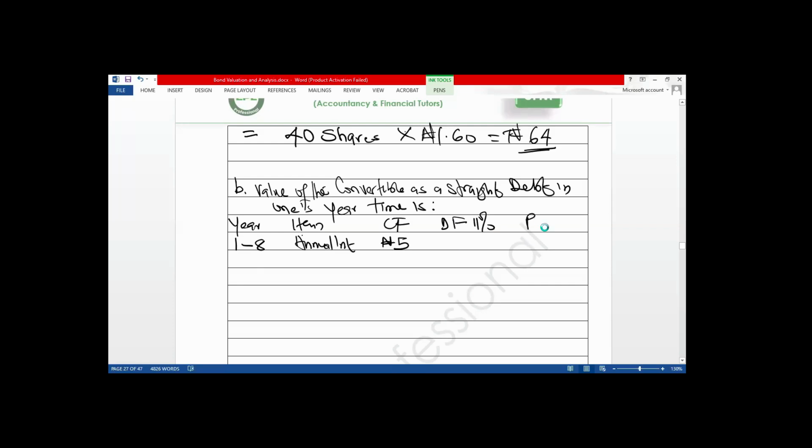Please help me compute. Annuity factor, year 1 to 8 at 11%. Then redemption value, 8 year, that is 100. Yes, any answer? 5.146. Then discount factor, year 8 at 11%. 0.4339.